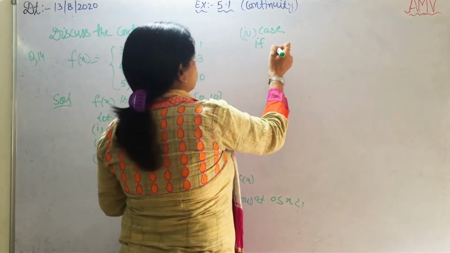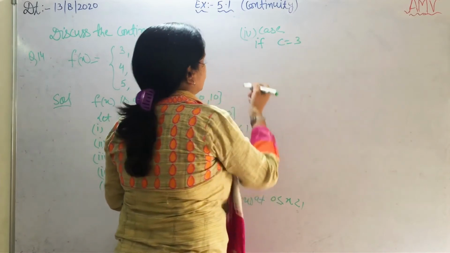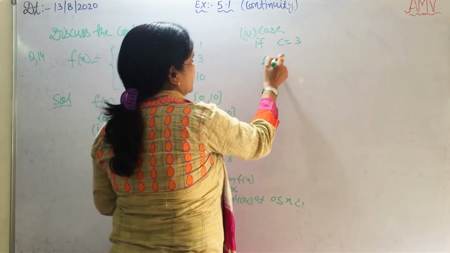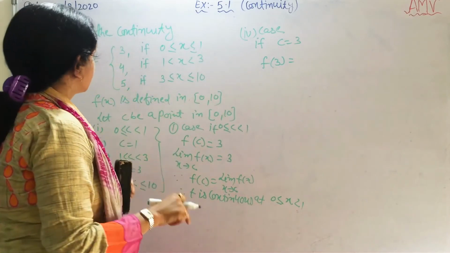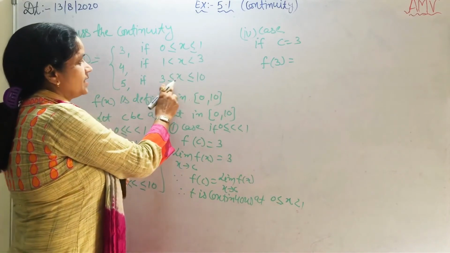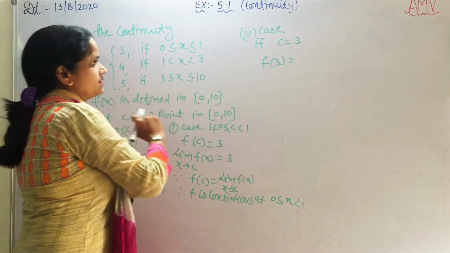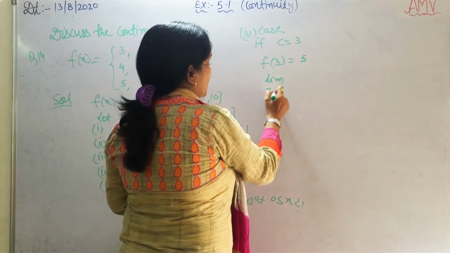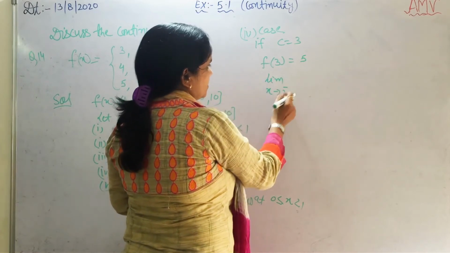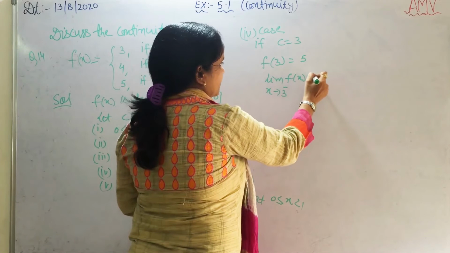C is equal to 3. Now first of all find the value of the function at c is equal to 3. Now see, when x is equal to 3, value is 5. Now find limit x tends to 3 negative f(x), left hand limit.